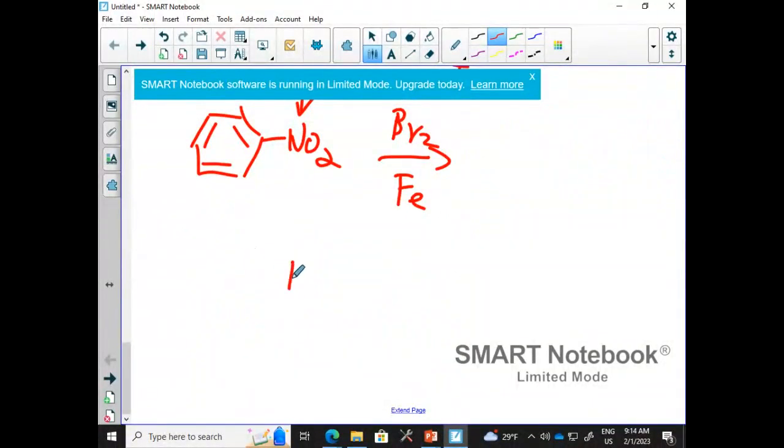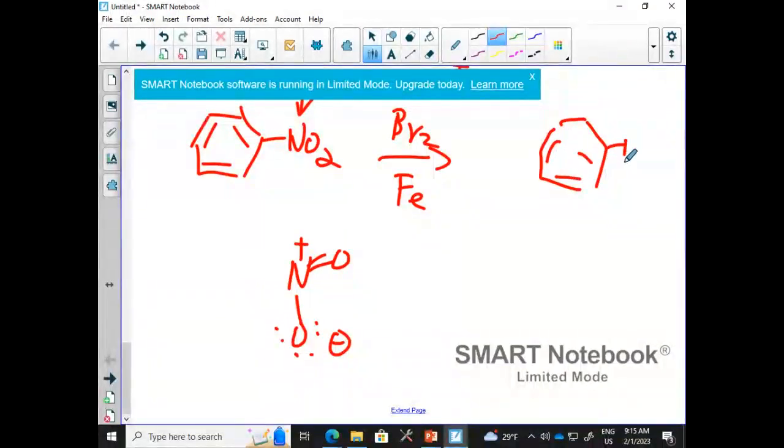The key part: if you look at the nitro group, do you have a lone pair on it? No. So is it activated or deactivated? Deactivated, okay? So meta.